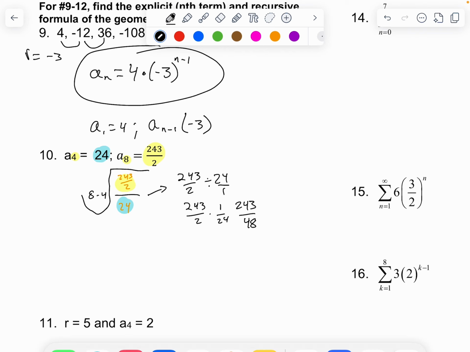Oh, duh. These are both divisible by 3. Sorry. It's been a while since I've thought about this, and it's weird doing it in real time. And I don't know how to edit things. So if I divide both of these by 3, I get 81 over 8.